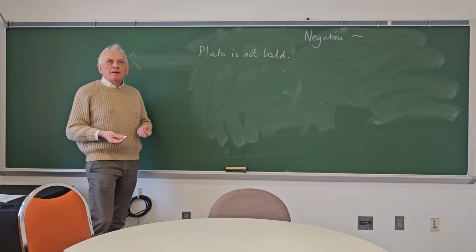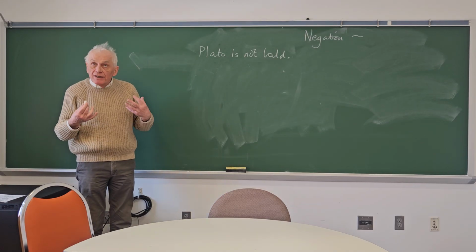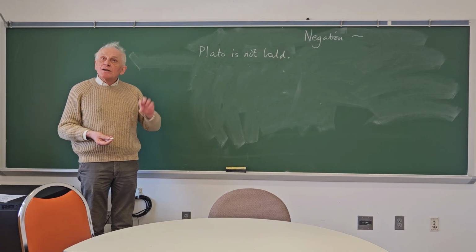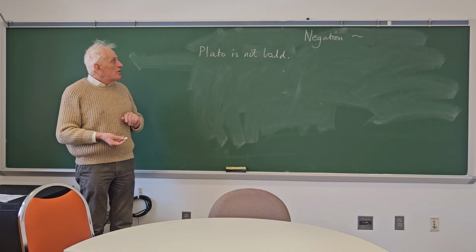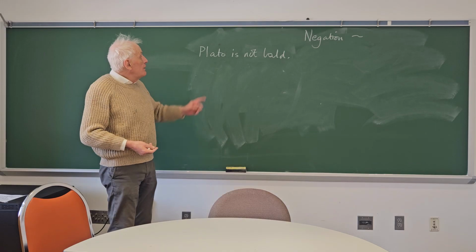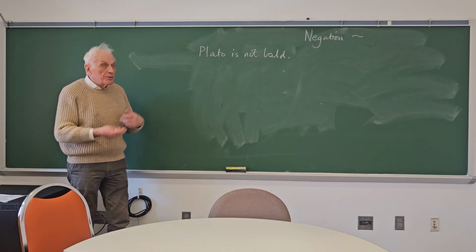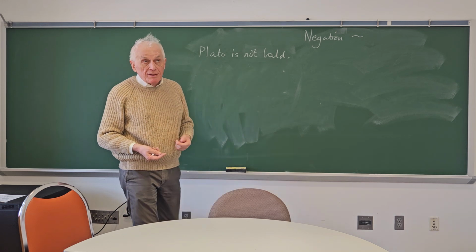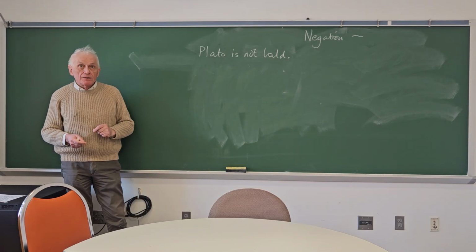And when you apply the negation operator to a sentence to get a negation of that sentence, you flip the truth value of the sentence. So if Plato is bald is true, because Plato is bald, then this sentence, Plato is not bald, is false. And equally, if it's false that Plato is bald, then this sentence, Plato is not bald, is true.